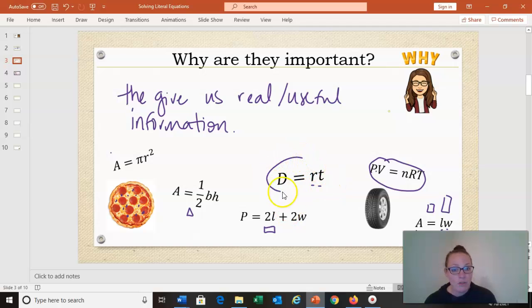For example, distance equals rate times time. Maybe you're not as curious about the distance. Maybe you're more curious about how long it's going to take. And so you can streamline things and make it easier for yourself and whoever's using the formula by getting t by itself instead of d.